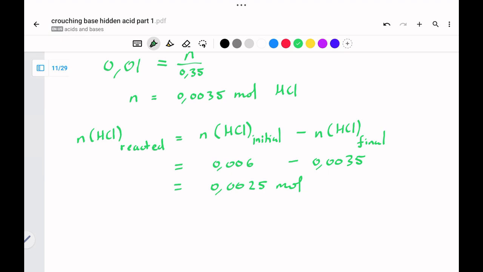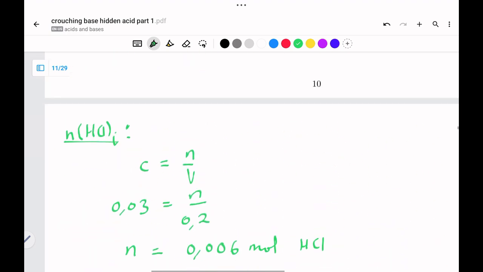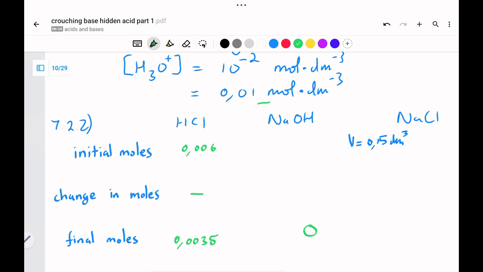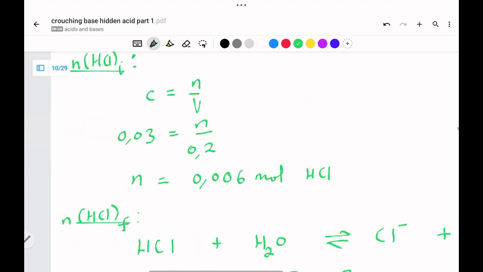And then we can mole ratio now, from here to here. And this number is this number.